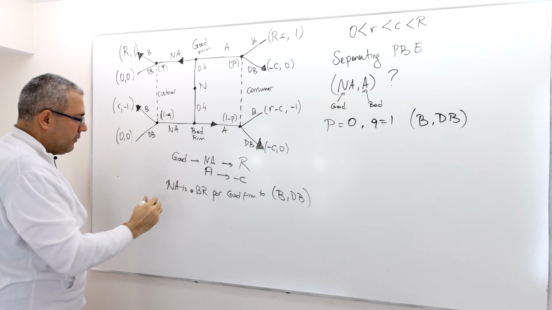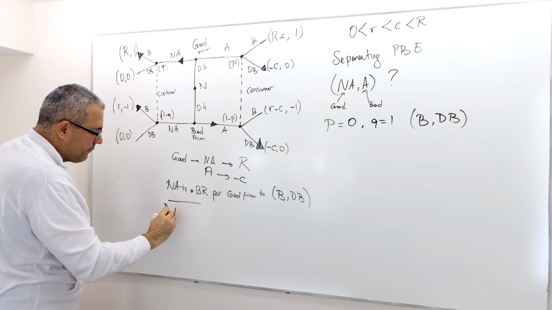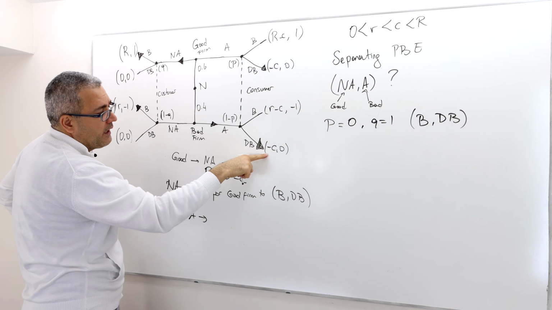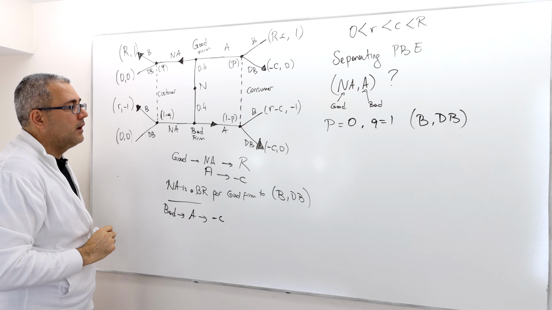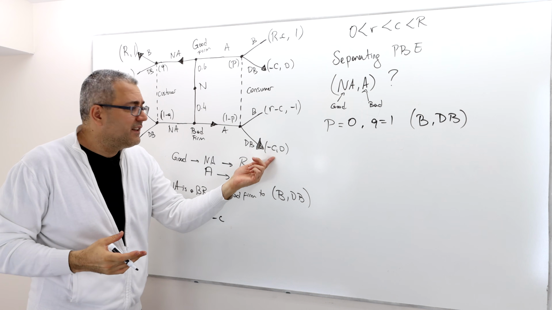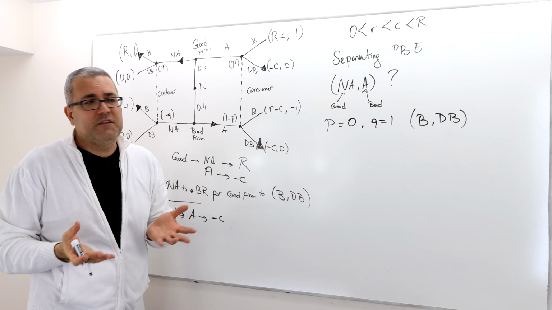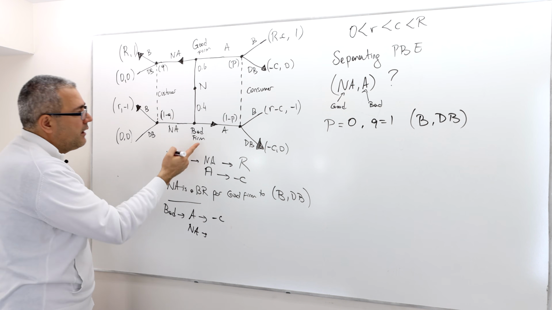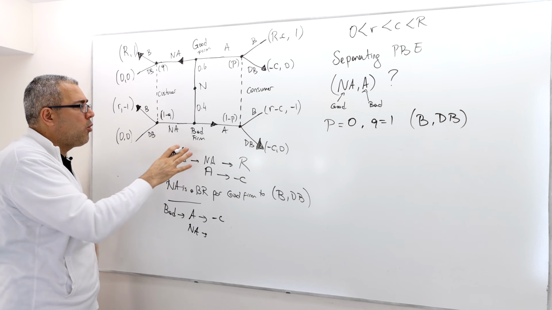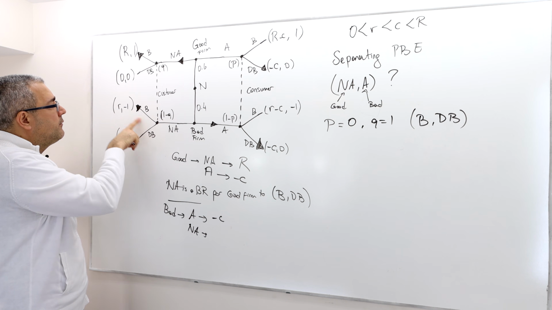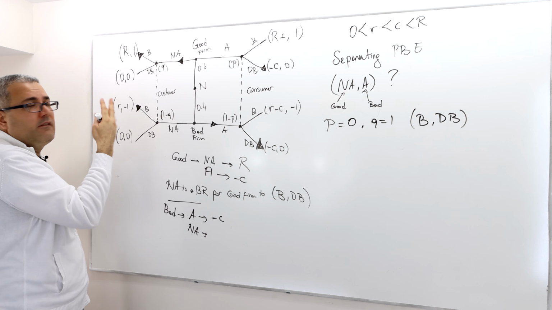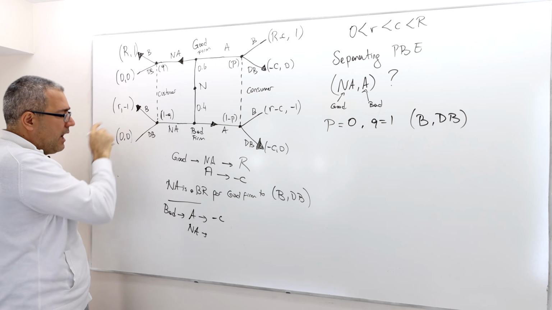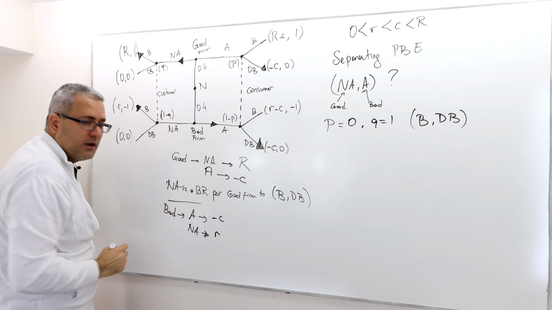What about the bad firm? Well, the bad firm is advertising, and in this case, we know that its payoff is minus C, because the firm cannot sell it, but has to pay the cost of advertisement, so it's minus C. Well, if it does not advertise, however, if it mimics the good quality firm, the consumer is actually going to believe that the no advertisement is coming from the good firm, and so it's going to buy the product, and so the firm is going to make small r profit.